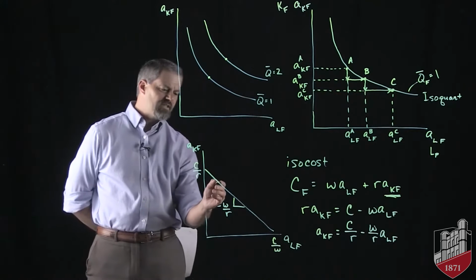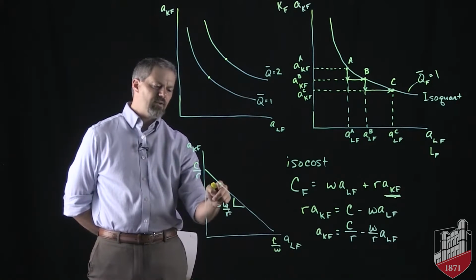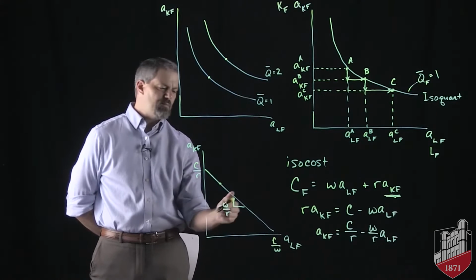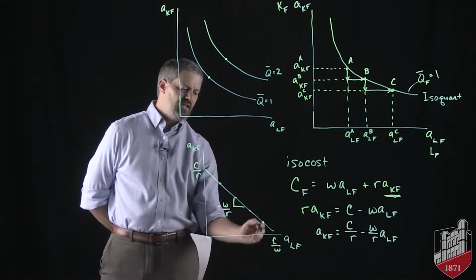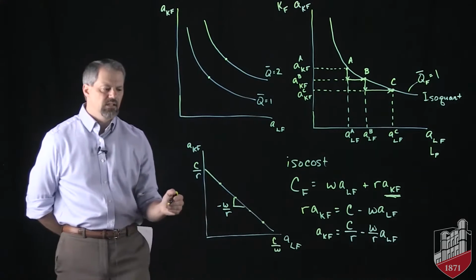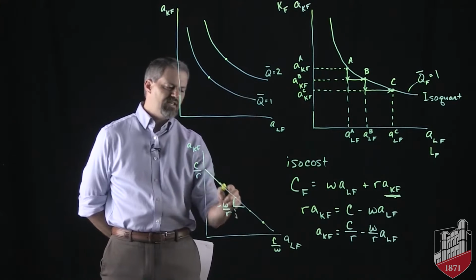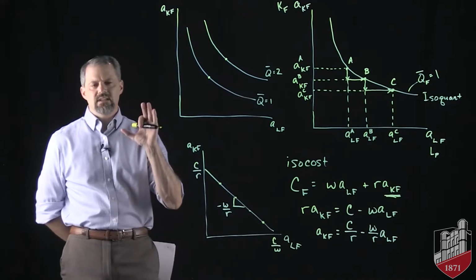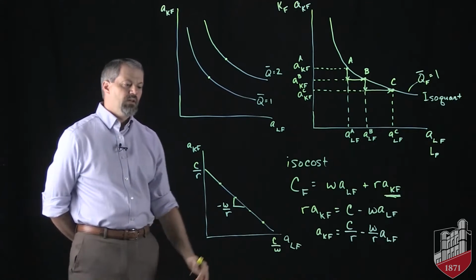And any point on this isocost line would represent a combination of capital and labor that costs the exact same amount as every other point on this line. So this is an isocost line. It shows us all the combinations of labor and capital that have the exact same cost. It's the exact same idea as an iso value line that we've already seen.